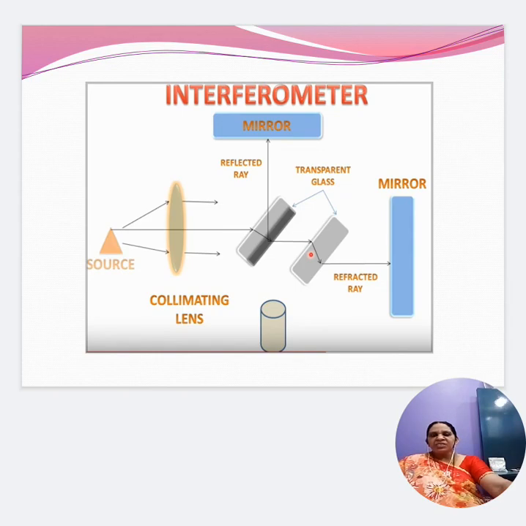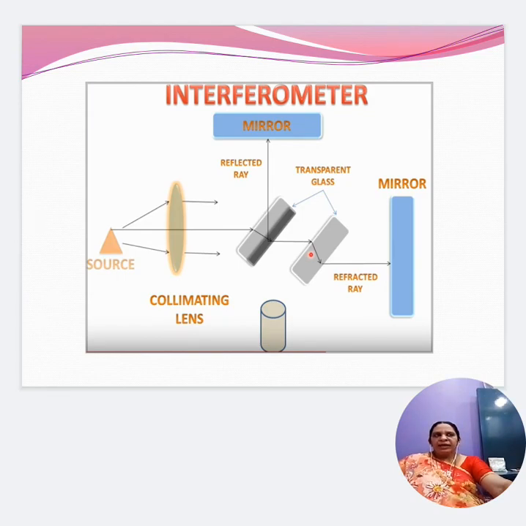These rays fall on the first transparent glass plate, get refracted by some amount, and fall on the second transparent glass plate. Here the rays get refracted by a still further amount and finally reach the mirror M1. This ray is called the refracted ray. You can see it mentioned in the figure as refracted ray.